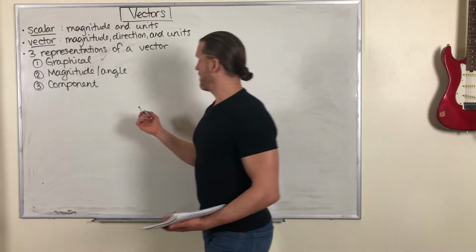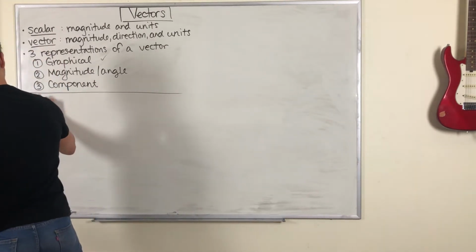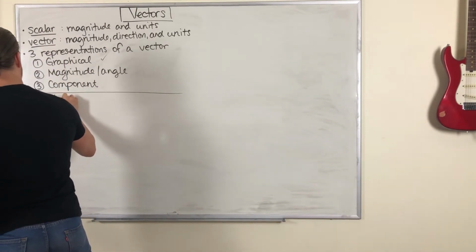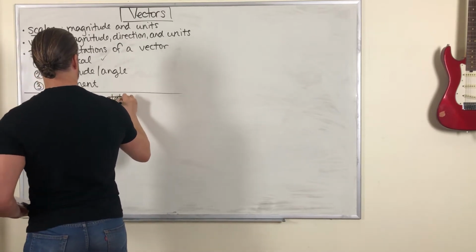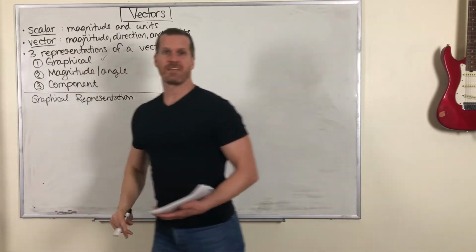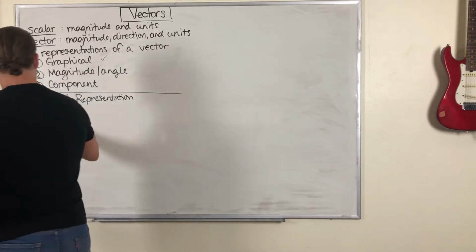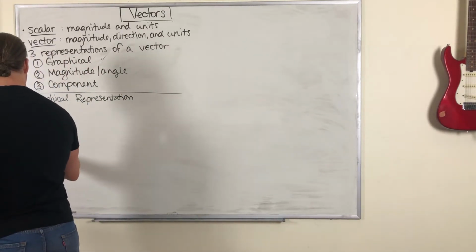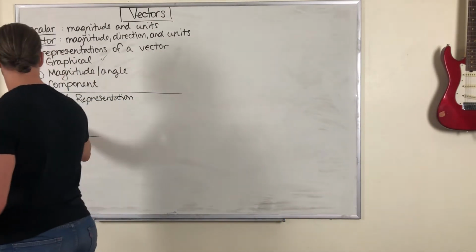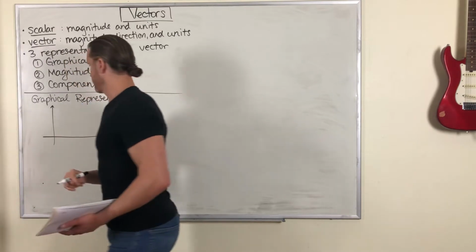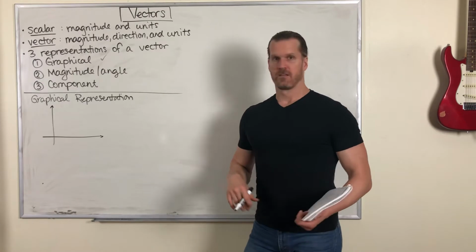Okay, so a graphical representation means you're drawing a picture of the vector as an arrow. So you might start out with a coordinate axis, and maybe my vector again is a velocity.